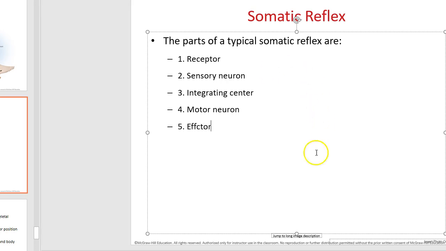So if we think about this like a computer, the input is the receptor and the sensory neuron. And then we're going to the hard drive, which is the integrating center. And then the motor neuron and the effector are almost like paper that you're printing out after you printed your report. So you got all the information, you saved it to the hard drive so it can process it and check for spelling, and then it gets spit out.